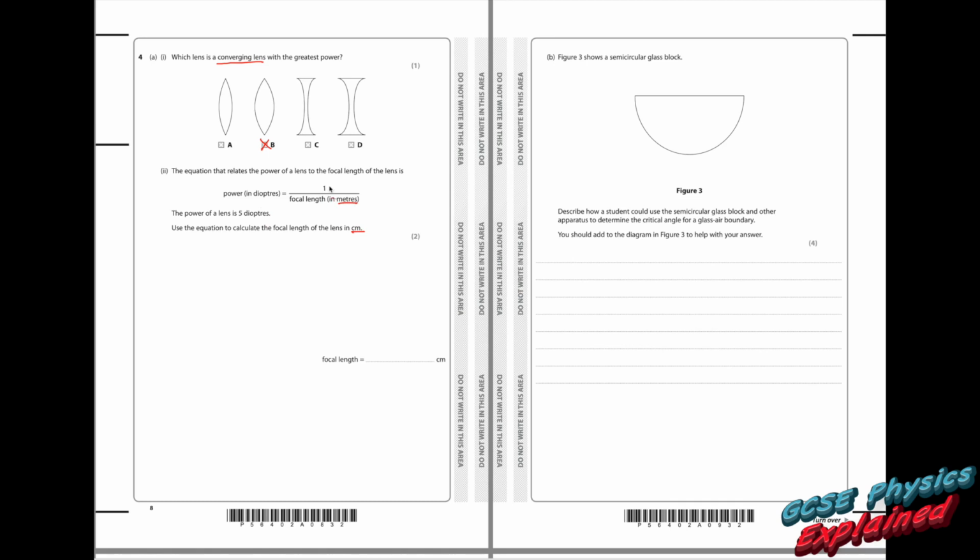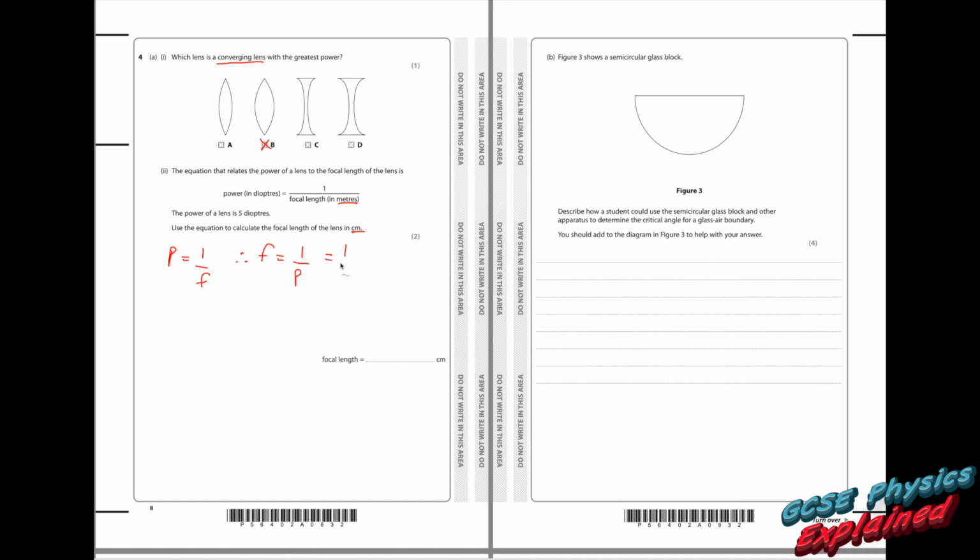So if we rearrange this equation first, if power equals 1 over F, therefore F is going to be equal to 1 over the power. If you don't know how to rearrange equations, click the link at the top and go to my magic triangle video, which shows you how to rearrange equations.